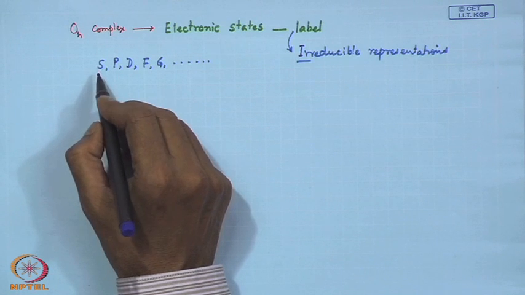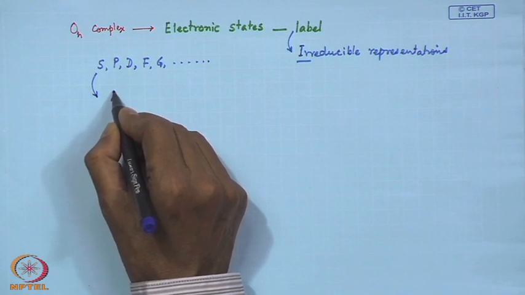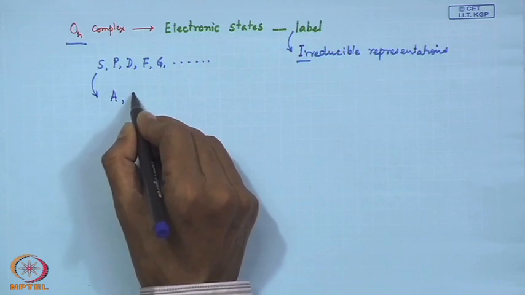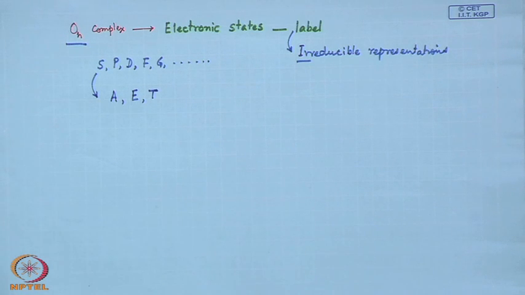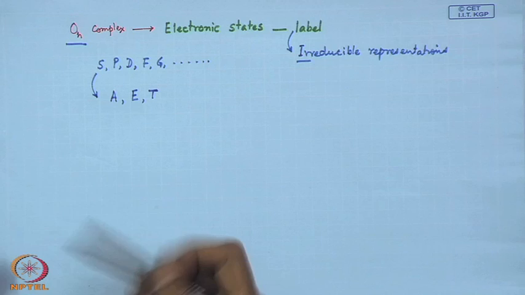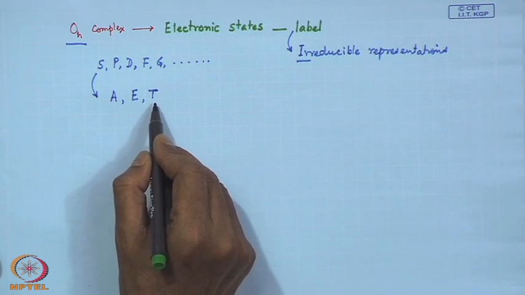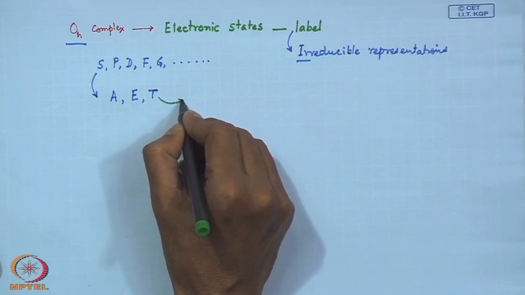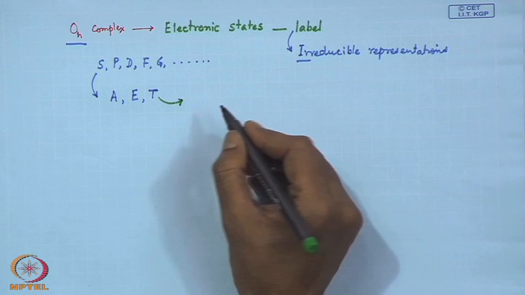So, these levels can split in a particular, say, octahedral field into A, E and T terms. These are basically the limit: this is a singlet level, this is a doublet level and this is the corresponding triplet level, and we cannot have anything beyond T, that means we cannot have a quartet level.